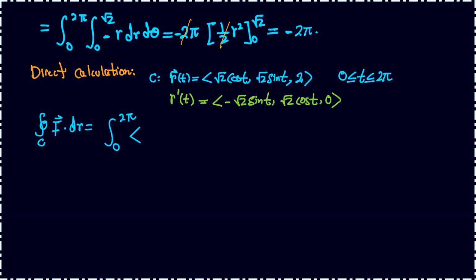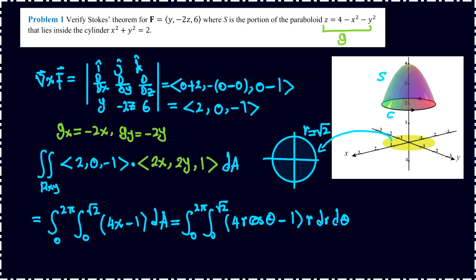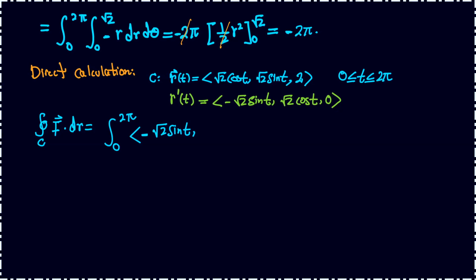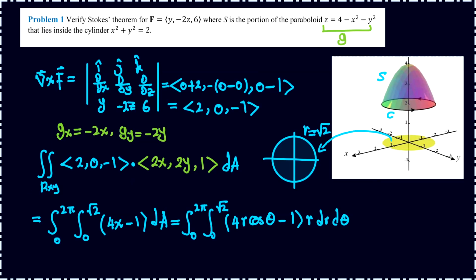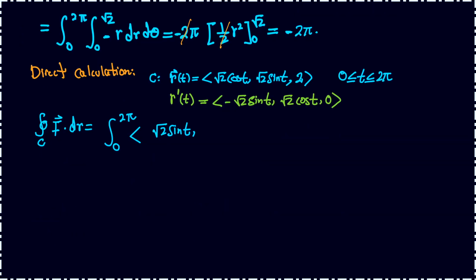Y here is root 2 sine t. Let's look at the vector field again. I'm sorry, there is no negative here. It's just y, and then we have negative 2z.